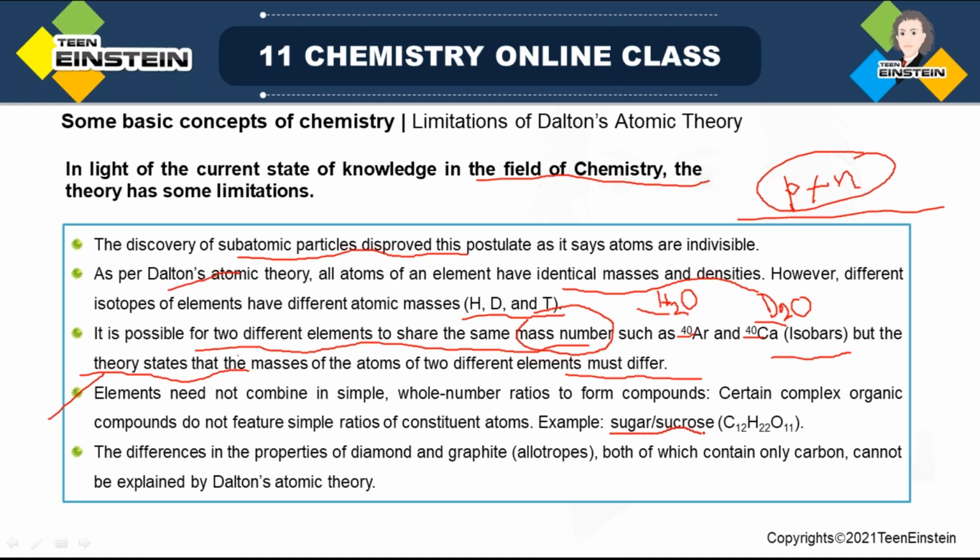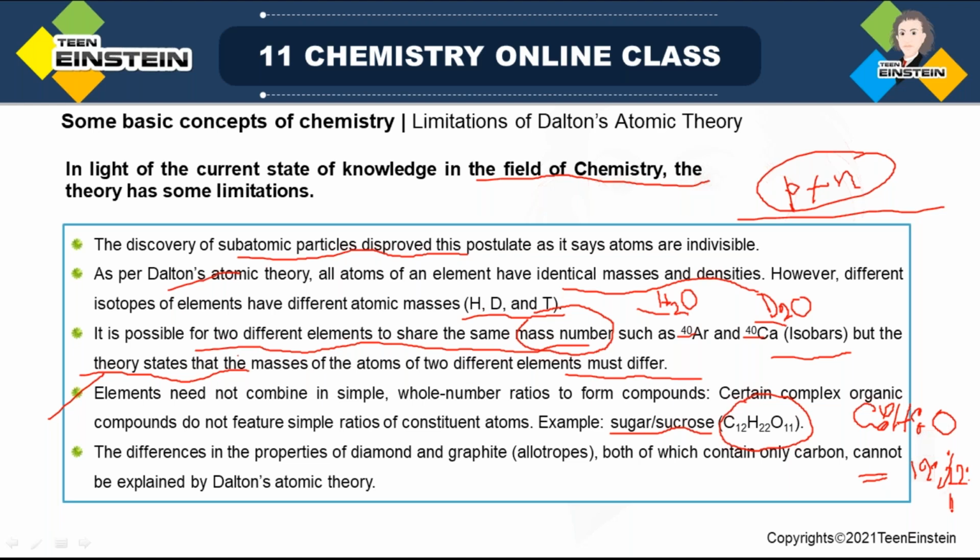For example, here we have taken sugar or sucrose, which has a very complex large structure, but if you look at the molecular formula, carbon, hydrogen and oxygen, if we take the ratio, it will be 12 is to 22 is to 11.